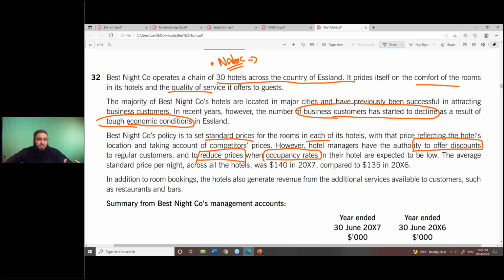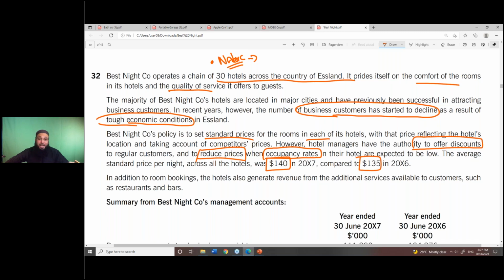Obviously, it's a normal business thing, right? The average standard price per night across all the hotels was $140 in 20x7 and $135 in 20x6, which means that they have raised the standard prices.